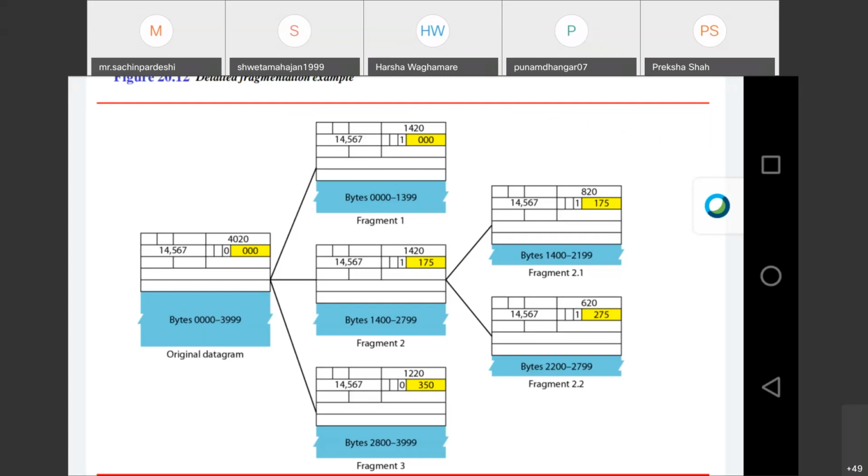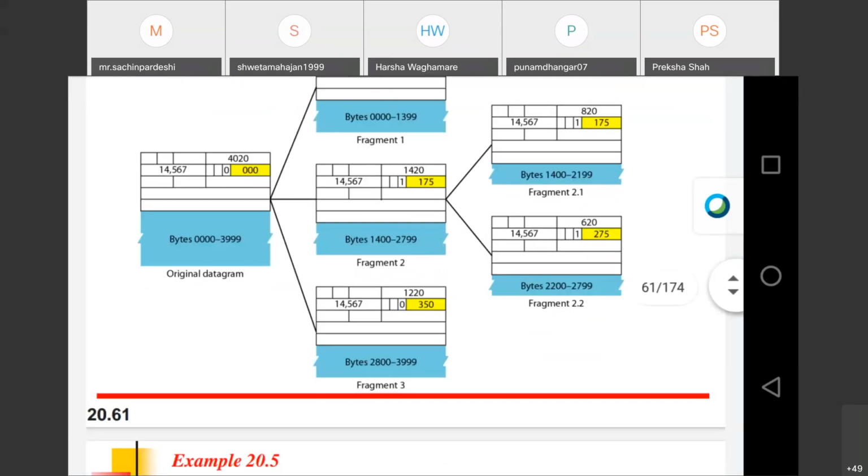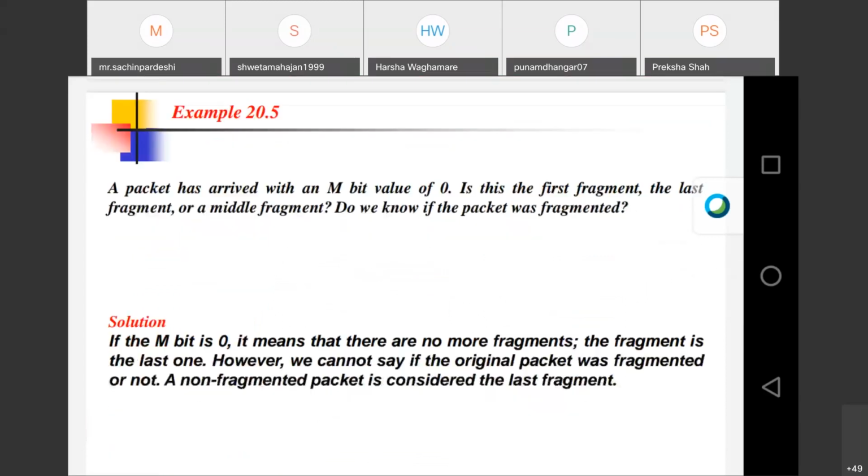Fragmentation offset: the first byte 0 divided by 8, and in the second fragmented part, the first byte 1400 divided by 8, that is 175, and third you will get 350. So in this way, values change when you divide one IPv4 datagram into different fragments.